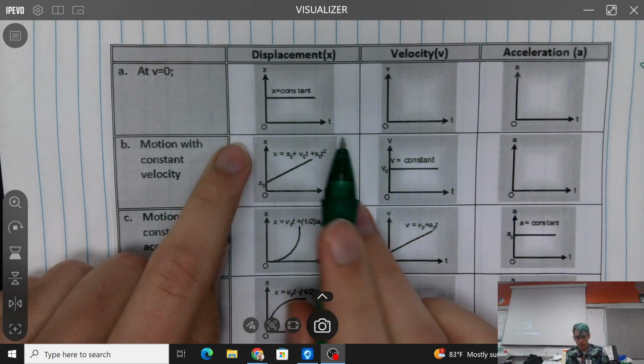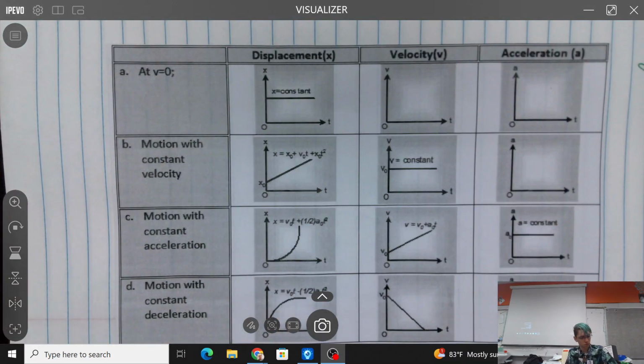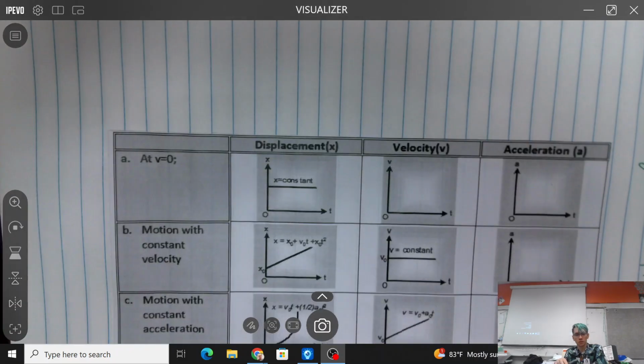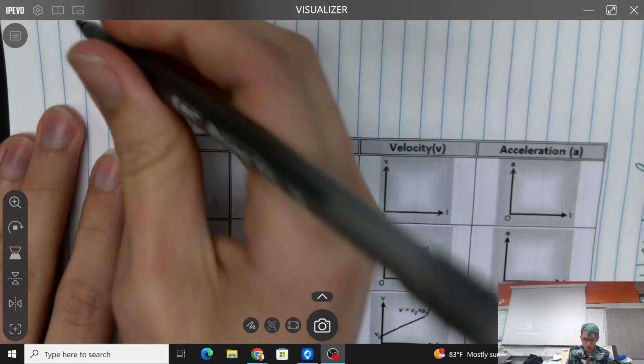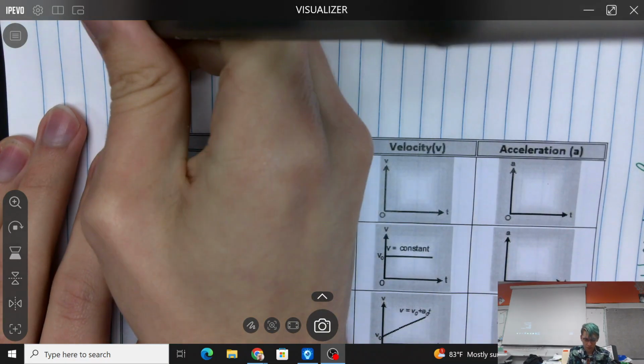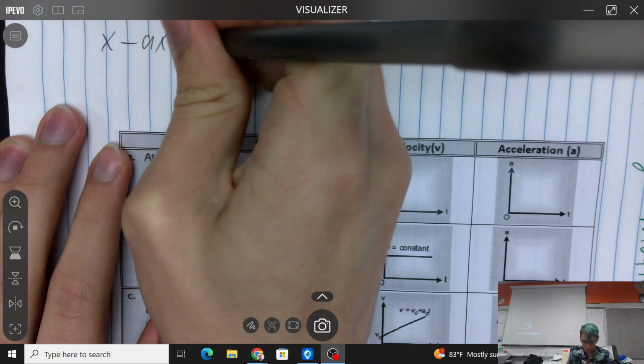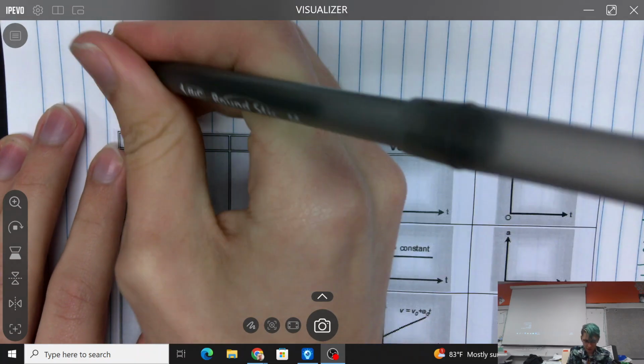Let's talk about our axis real quick. So right above this, here's what we need to make sure we write down. This is going to be x-axis and our y-axis.